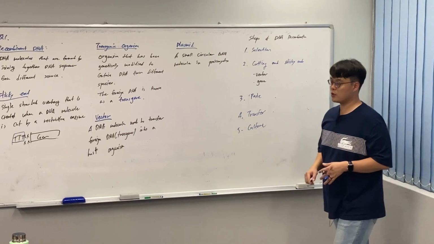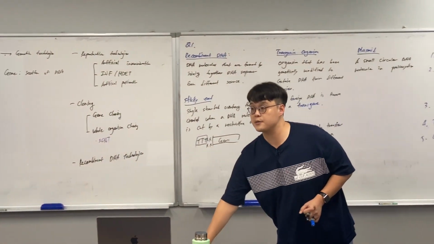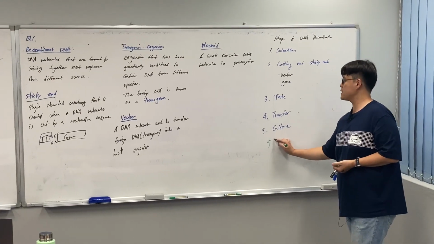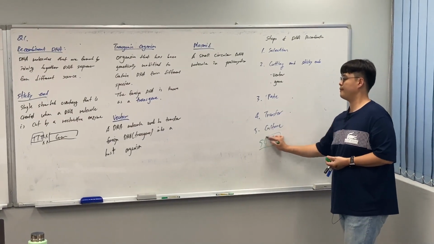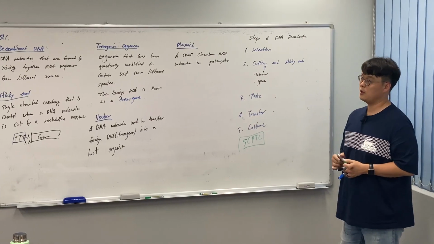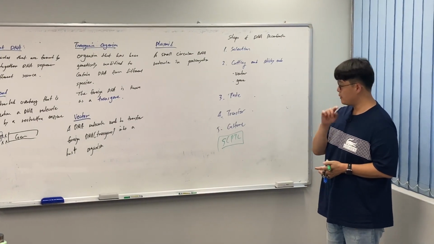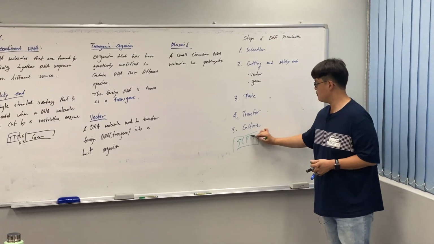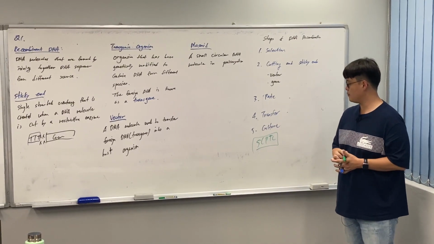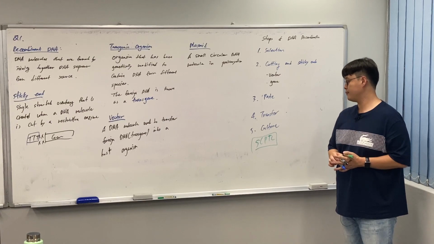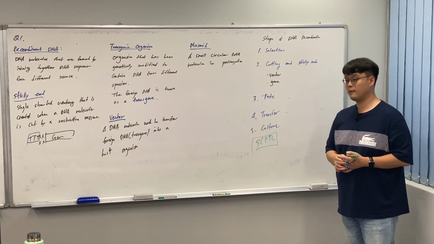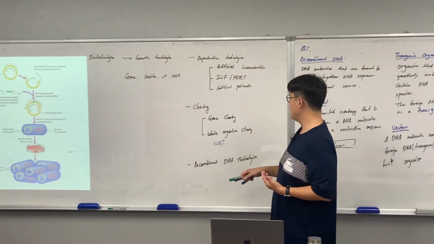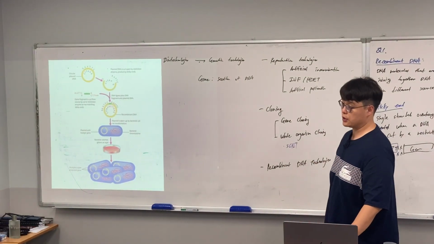So in short, you may just memorize these 5 steps, or just get the acronym like SCPTC, if that helps you too. Okay, that's how we can describe the recombinant DNA technologies then.